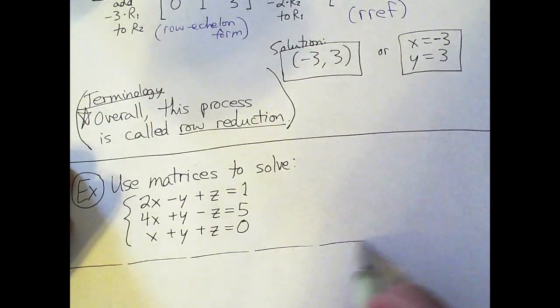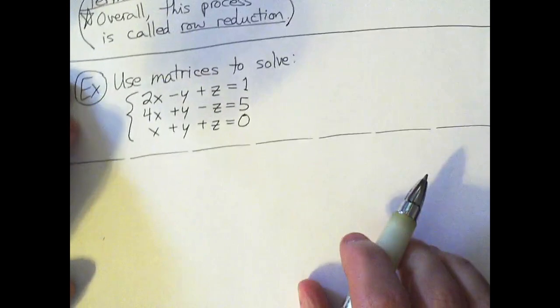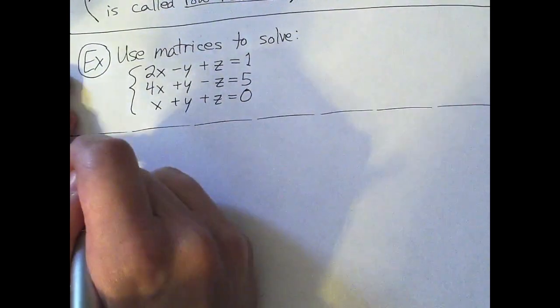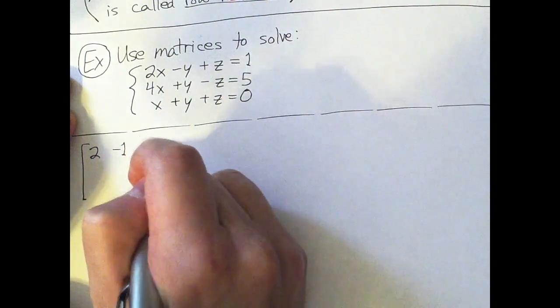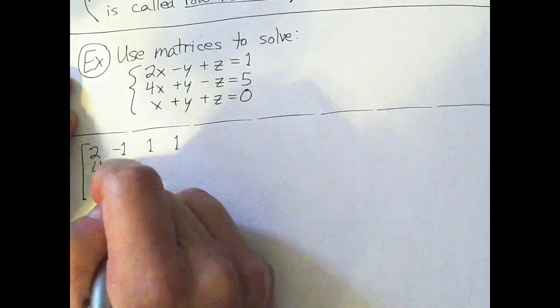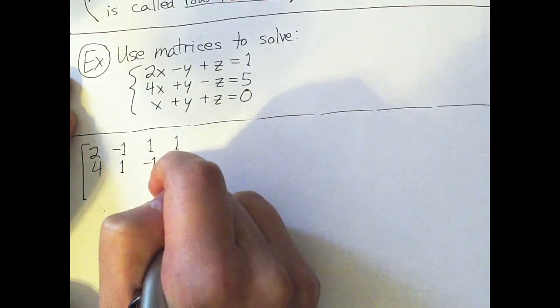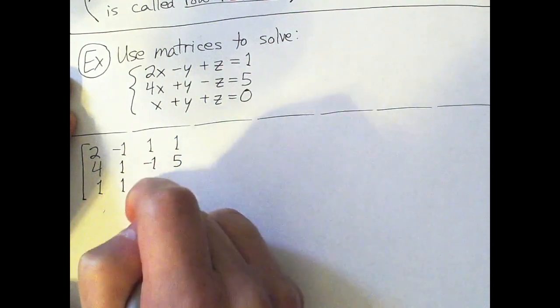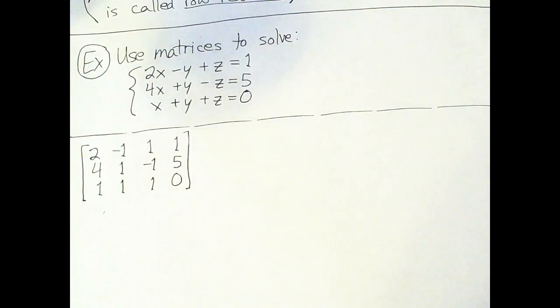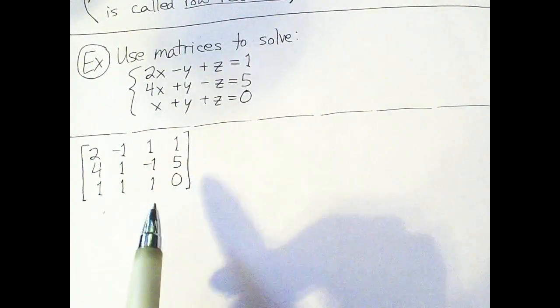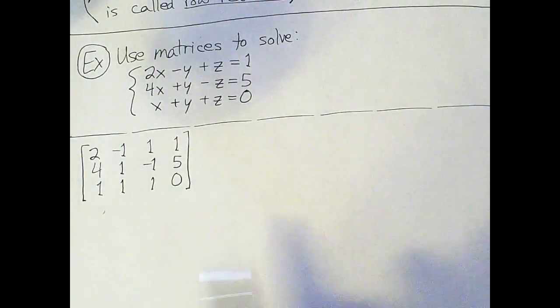Okay, so I don't know about you, but this one took me 5 or 6 steps. Well, first of all, we write the augmented matrix, right? So we get the numbers 2, -1, 1, 1, 4, 1, -1, 5, 1, 1, 1, 0. And how about this? Let's double check these numbers, because if I got one of these numbers wrong, it's going to throw the whole thing off.